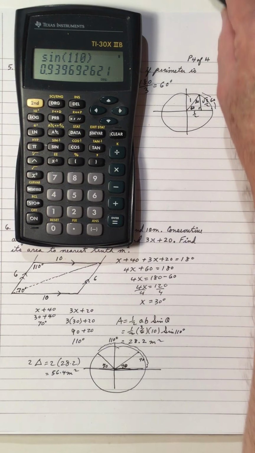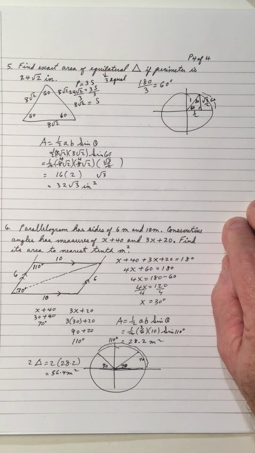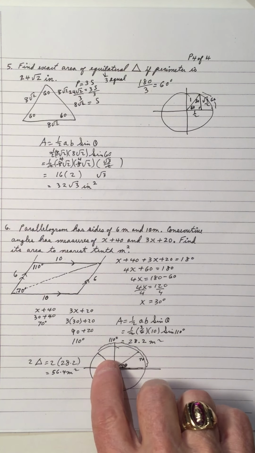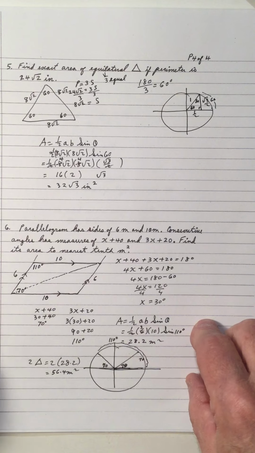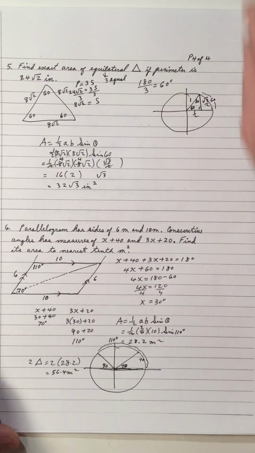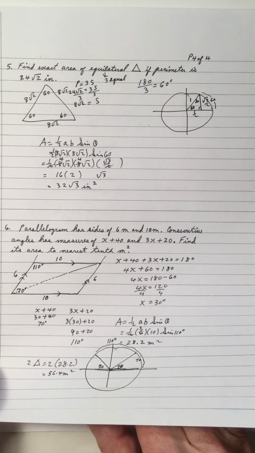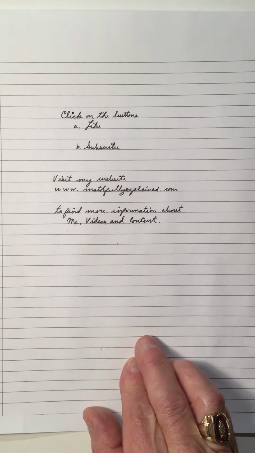Both give you the same answer because they have the same reference angles in different quadrants, and both are positive. So that's extra problems working with getting the area of a triangle with two sides and an included angle.